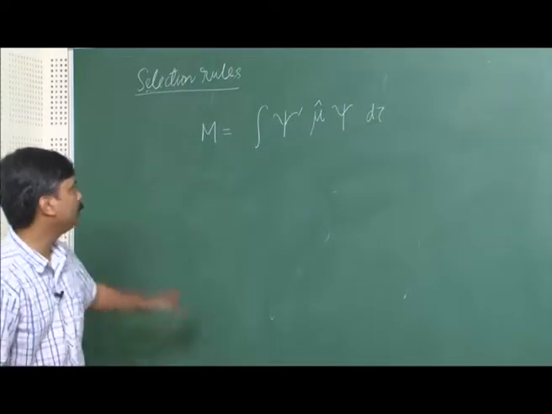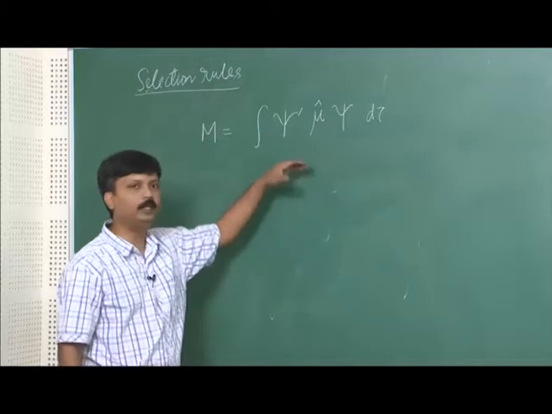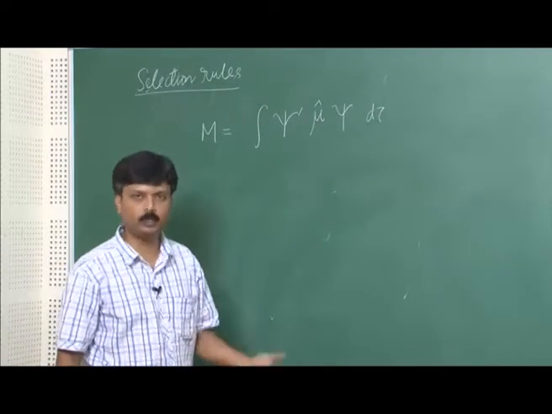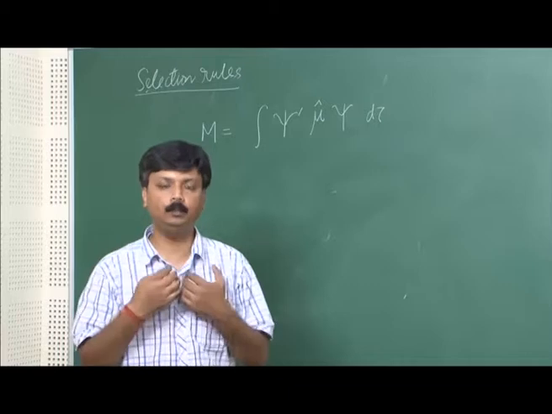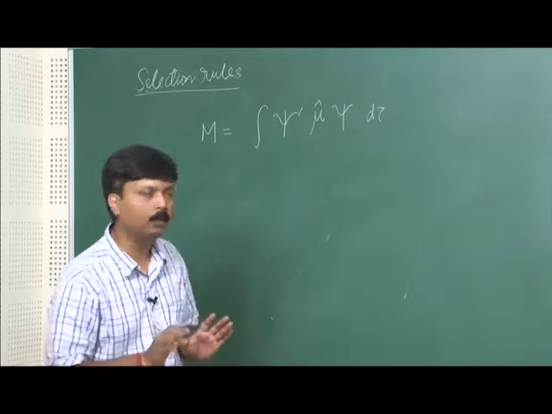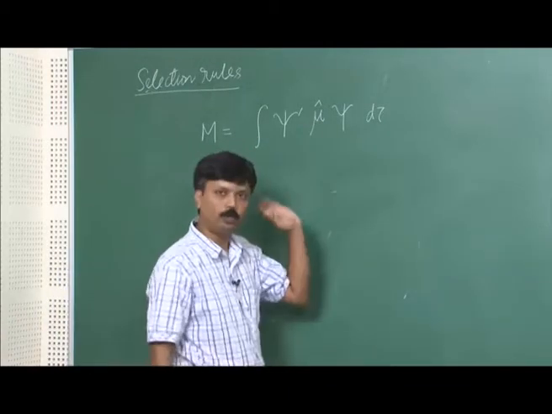And if this transition moment integral is 0, then no transition is allowed. If this is non-zero, then the transition is allowed. Okay, that much we have learned so far, right?